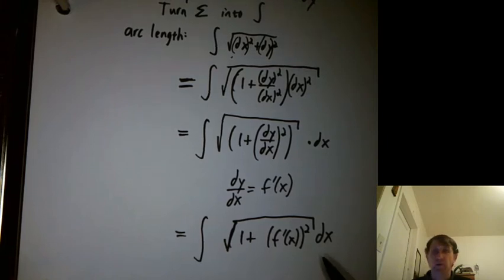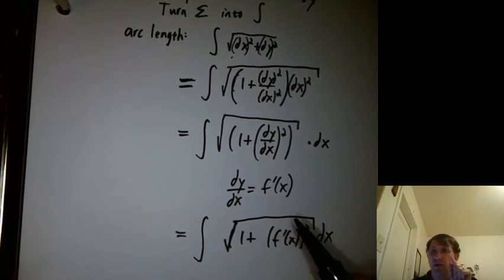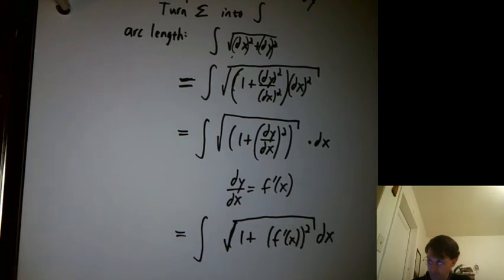So let's think about what's going on here. It's important to remember order of operations here: take the derivative, square it, add 1, take the square root, and integrate.